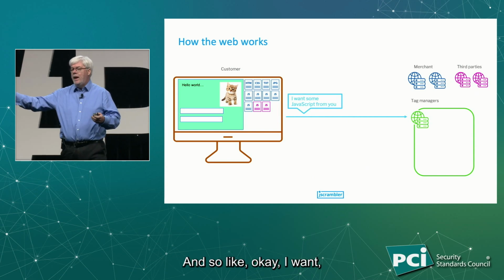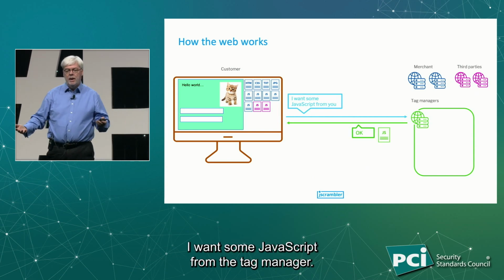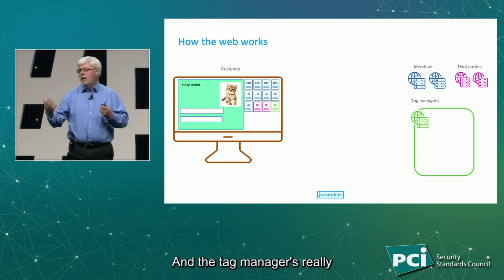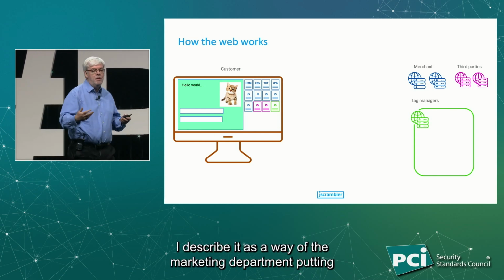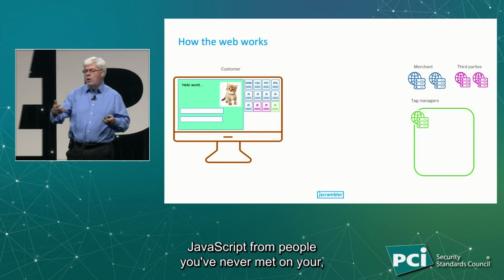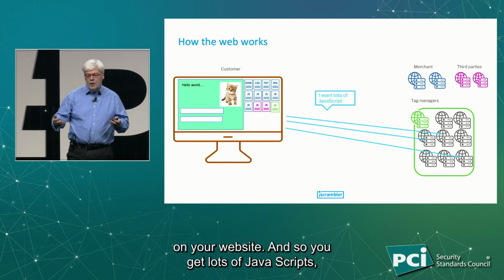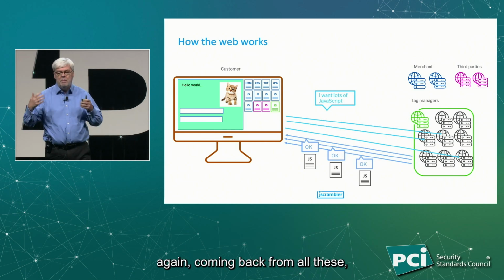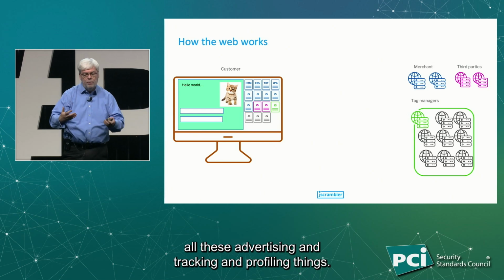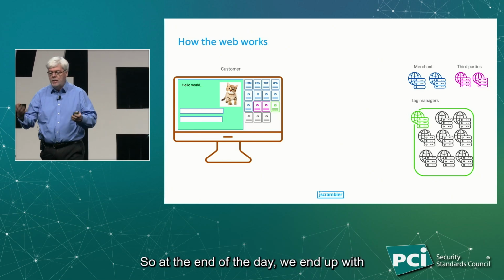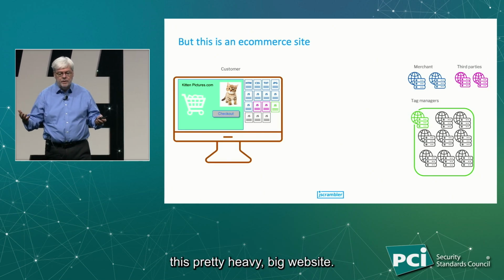I want some JavaScript from the tag manager, and the tag manager is really a container for more JavaScript. I describe it as a way of the marketing department putting JavaScript from people you've never met on your website. So you get lots of JavaScript coming back from all these advertising, tracking and profiling things. At the end of the day, we end up with this pretty heavy, big website.